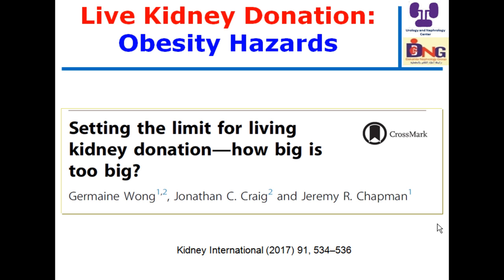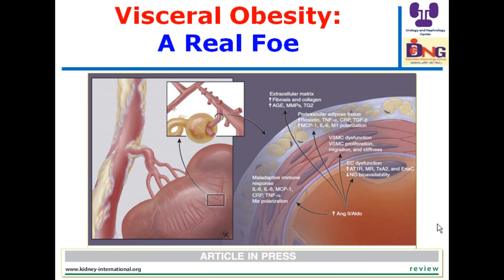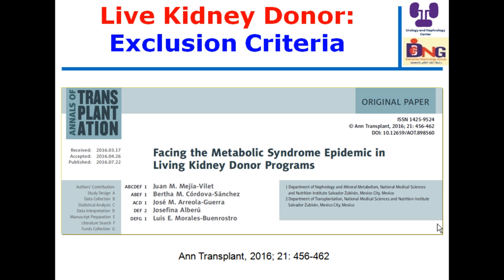After kidney donation, setting the limit for living kidney donation: how big is too big? We should avoid obesity, because obesity is associated with an inflammatory environment that can adversely affect the kidney and leads to interstitial pathology and interstitial fibrosis, and metabolic disease constitutes the main cause of donor exclusion.